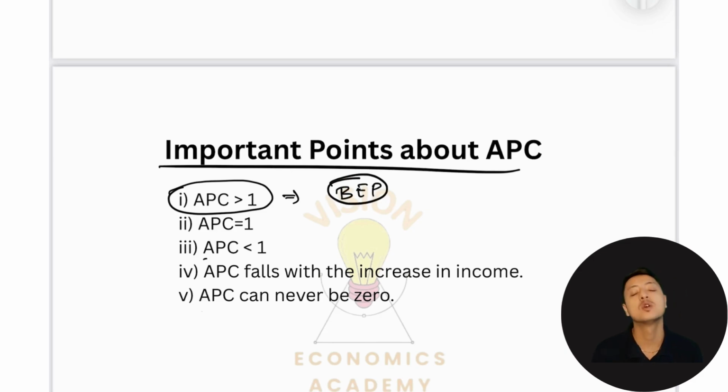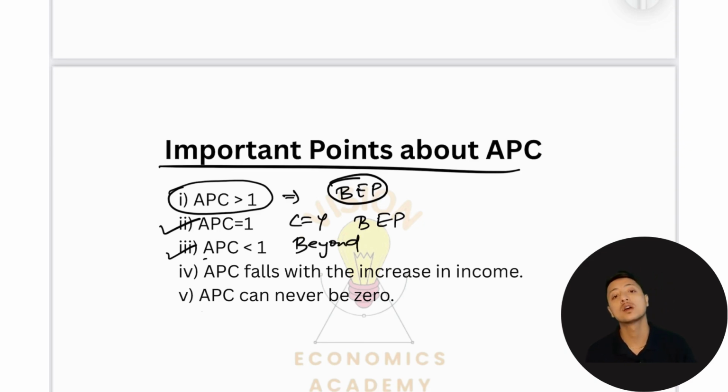When will APC be equal to 1? When your consumption is equal to income, that is your break-even point. When is your APC less than 1? That is beyond the break-even point, when your consumption gets lesser than income. That time your consumption gets lesser than the proportion of income, and your APC is less than 1.